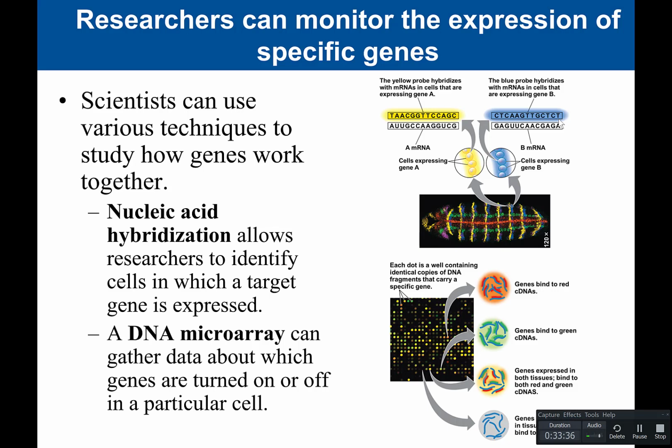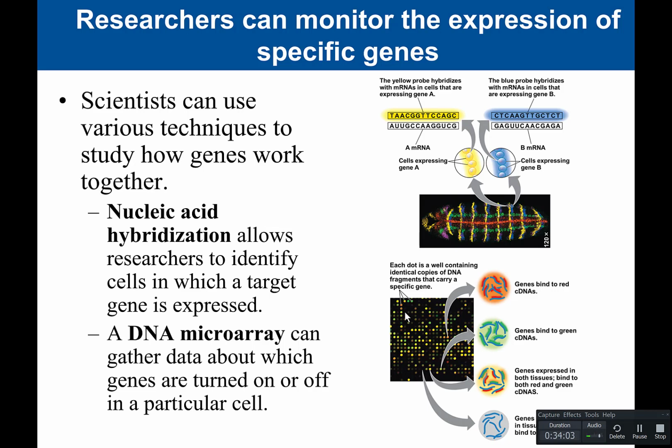We can also do another technique called a microarray, and a microarray is used to gather data about which genes are turned on or off in a particular cell. And so what you have is that each of these little dots is a well that contains identical copies of a DNA fragment from a specific gene.